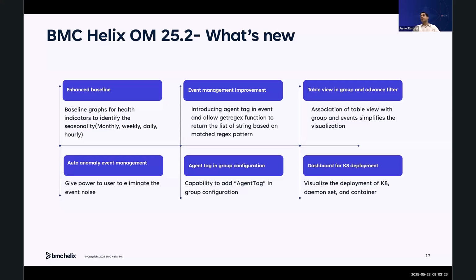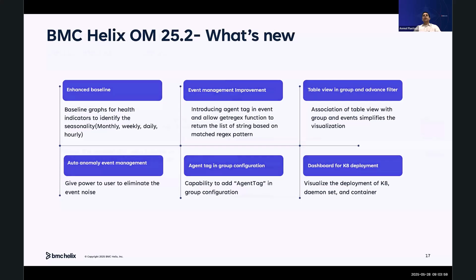So the customer can now monitor using Kubernetes, using either our KM, or they can use any third-party source to ingest the event, and that dashboard will create the visualizations of how the cluster nodes are configured, what the cluster nodes are, how they are performing, and also the pods distribution, right? So we have these kinds of dashboards available out of the box for customers. They can very well use it.